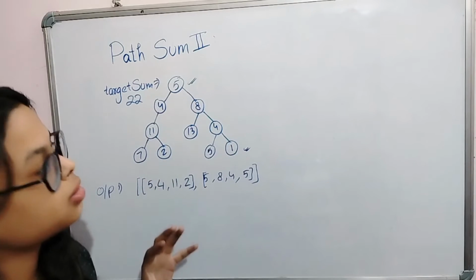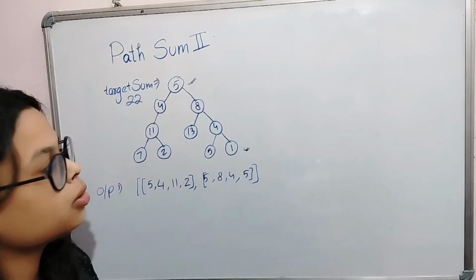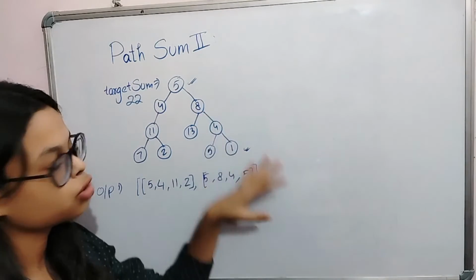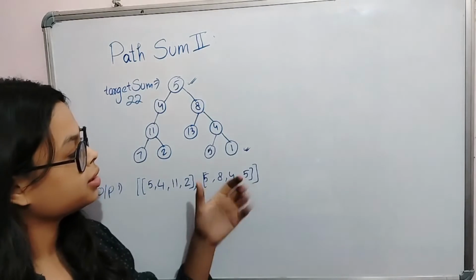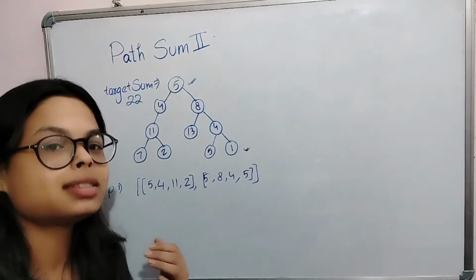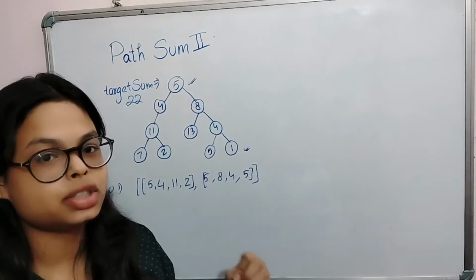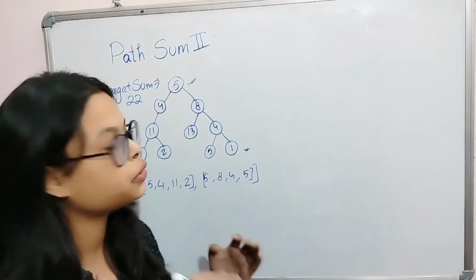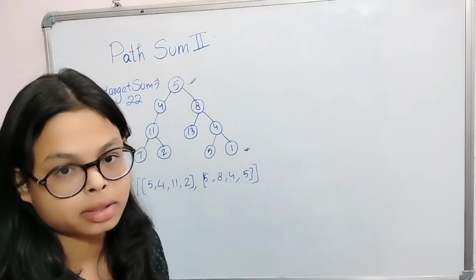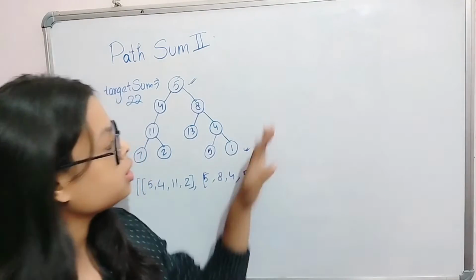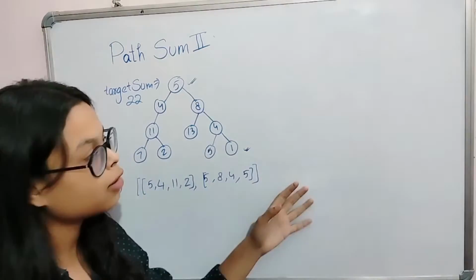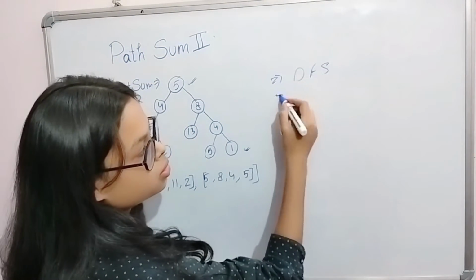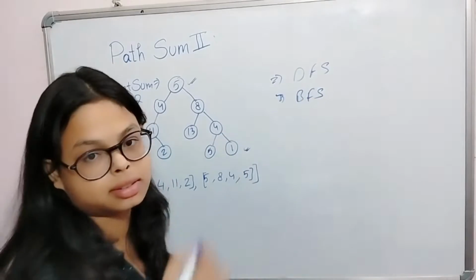Okay, so you might be guessing what the approach can be, how we can solve this question. Given a binary tree, we have to iterate over its nodes, and to iterate a tree we have two options: either DFS or BFS.